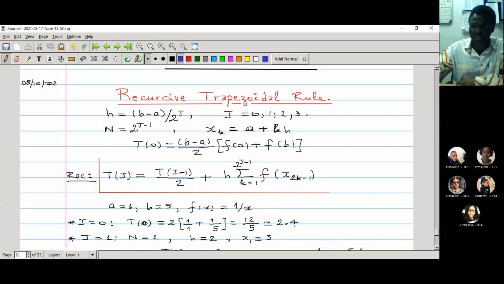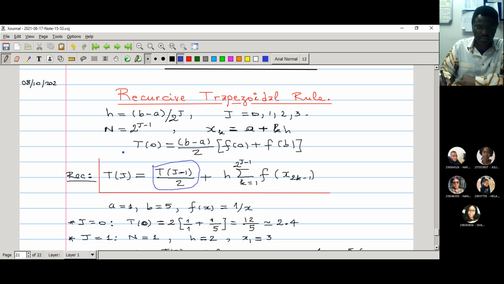Okay, so this is what I'm talking about. If you look at this expression, you can see that, because don't forget that b minus a here is h, right?